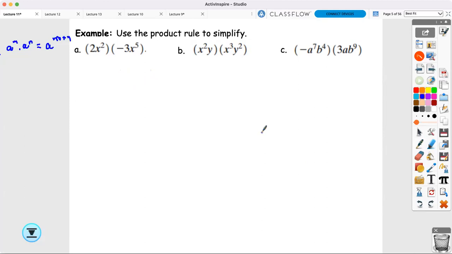So we're going to multiply. We have 2x squared times negative 3x to the fifth. We multiply the 2 times the negative 3, and with the exponents, we know the rule is we add them, 2 plus 5. So 2 times negative 3 is negative 6, and adding the two exponents gives 7, finishing off the problem.